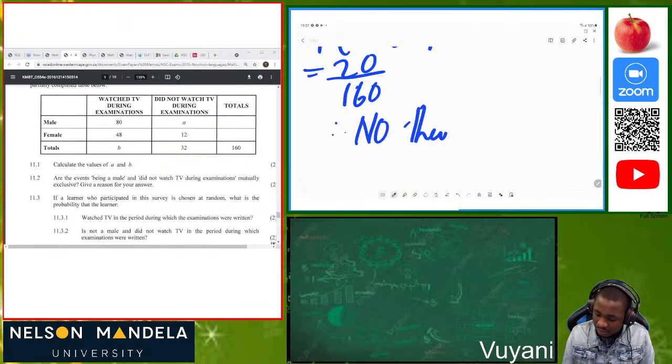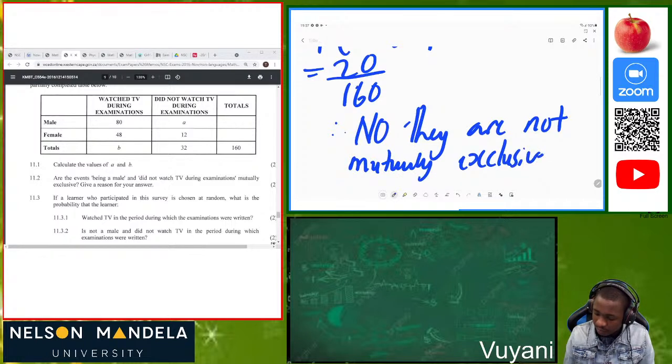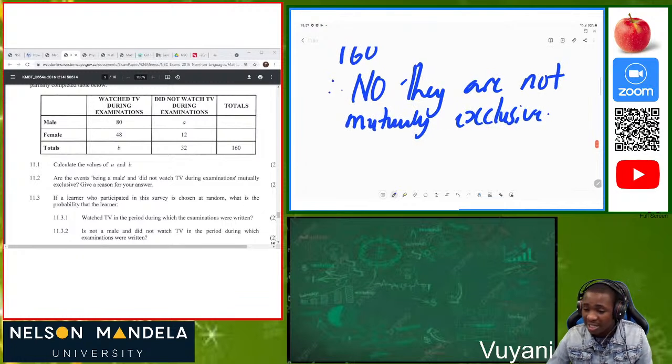They are not mutually exclusive. Why are they not mutually exclusive?